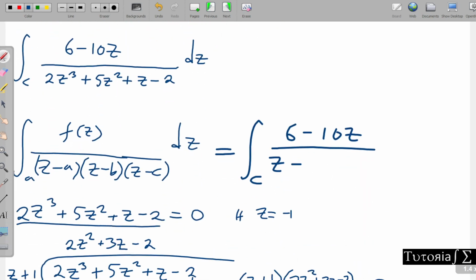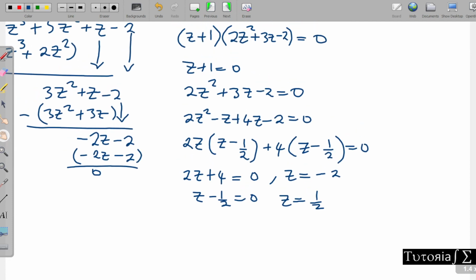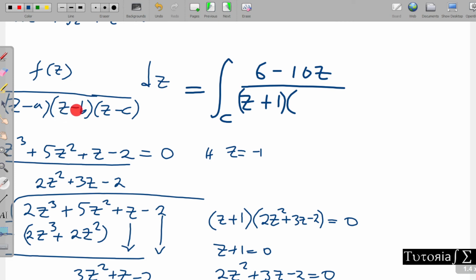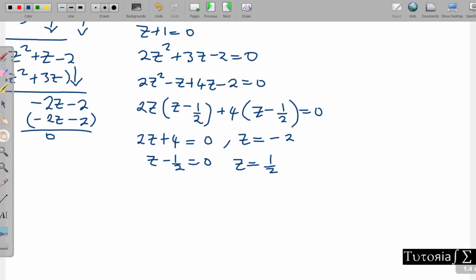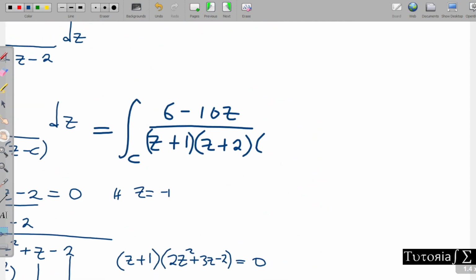So it will be z plus 1, multiplied by your b, which is z minus 2, so negative 2 times this negative will be z plus 2. Then the other one would be z, z minus half, then z.